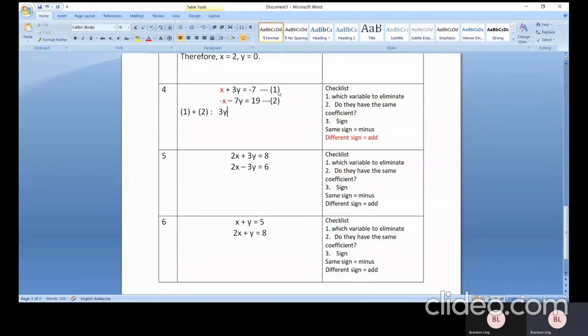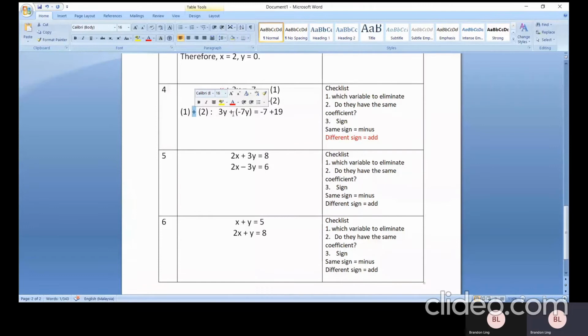You get 3y plus negative 7y equals to negative 7 plus 19. So this plus will always be the sign that actually links both equations together.